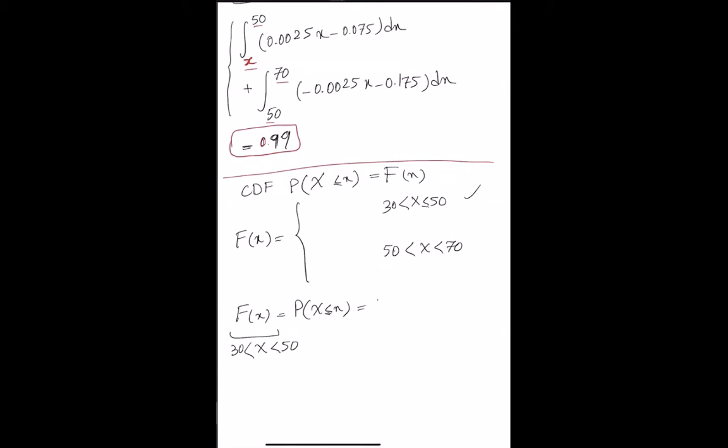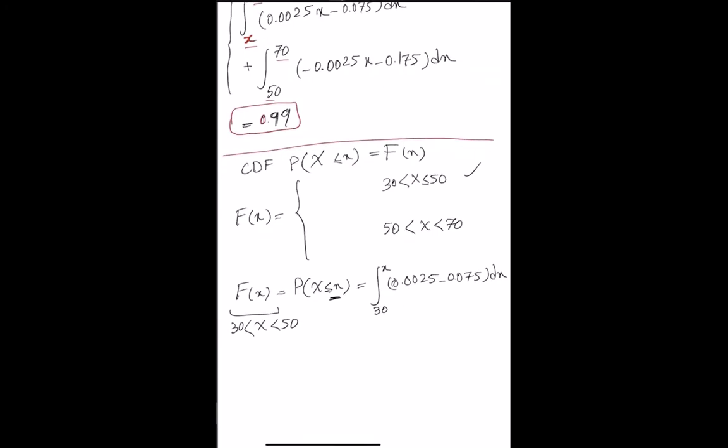In that scenario, I'm going to write it as an integral from the lower bound, which is 30, to this value of x, f of x, which is 0.0025 minus 0.0 dx. Okay, so this has x. So for example, if we do the calculations, this is going to be 0.0.